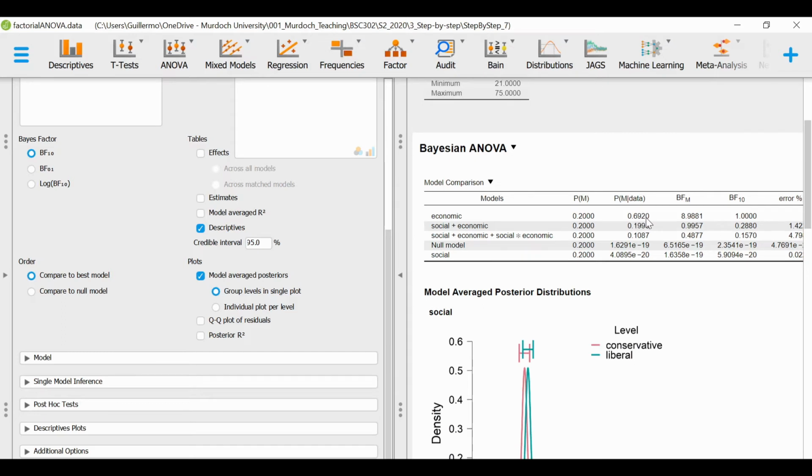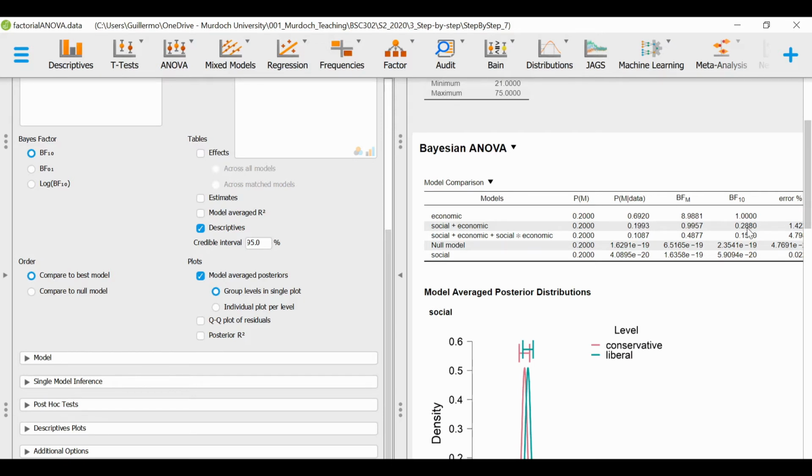So economic is the best model. The BF10 here is going to be a comparison of the model economic versus economic, because economic is the best model. That's why the Bayes factor is 1, because it's dividing 0.692 by the same number, so that is 1.